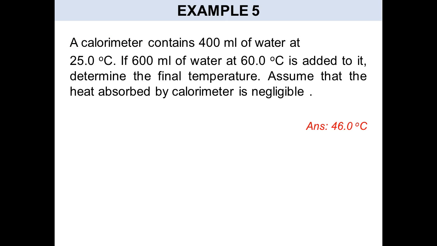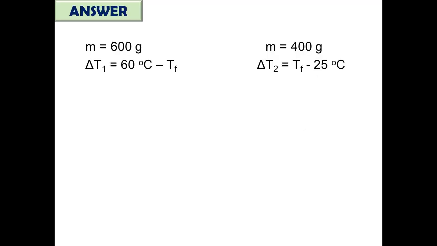Example 5. A calorimeter contains 400 milliliter of water at 25 degrees Celsius. If 600 milliliter of water at 60 degrees Celsius is added to it, determine the final temperature. Assume that the heat absorbed by the calorimeter is negligible. Okay, given mass of hot water 600, mass of cool water 400.